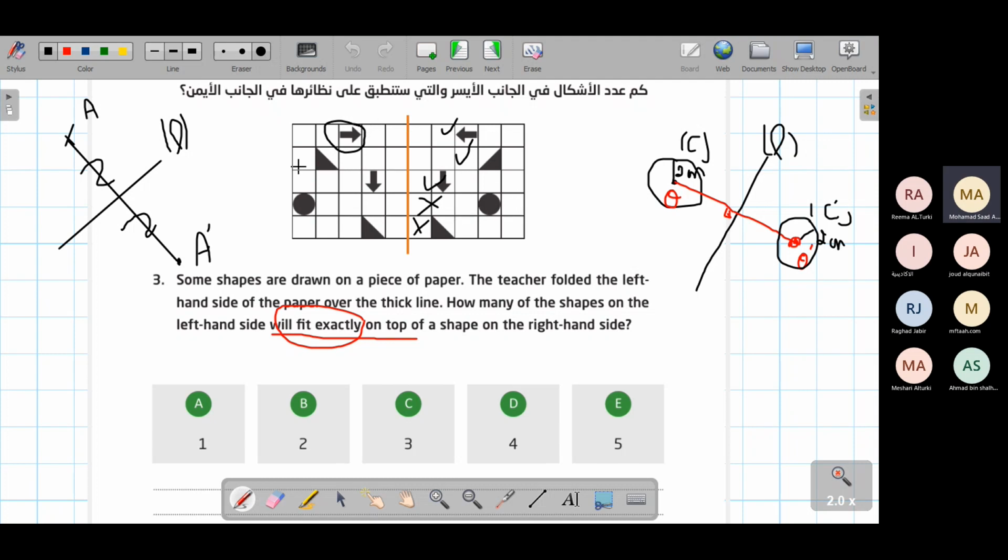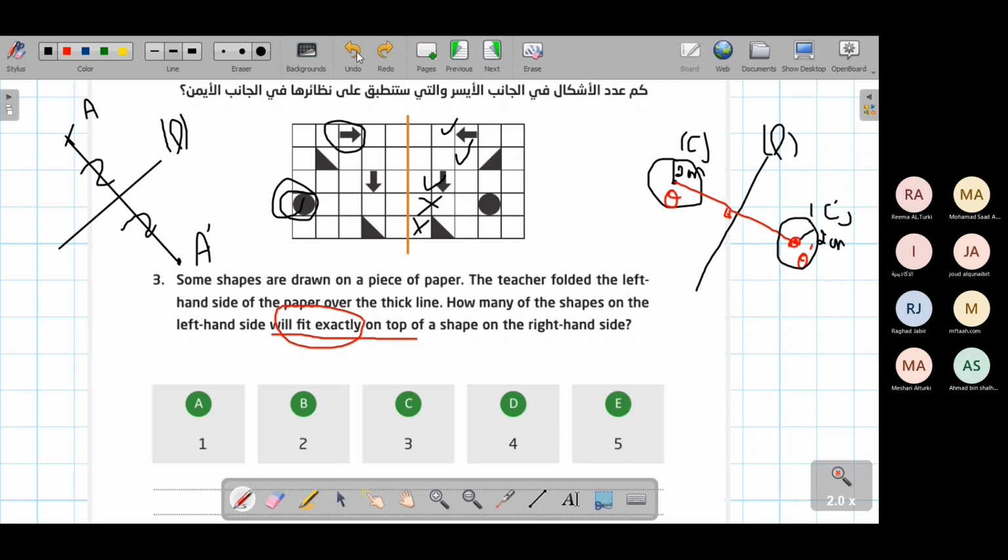If I fold this paper to the other side, this one here will be there. So I will not have the two circles at the same place. But for this one, it's okay. For that one, it's okay. For that one, it's okay. Okay?